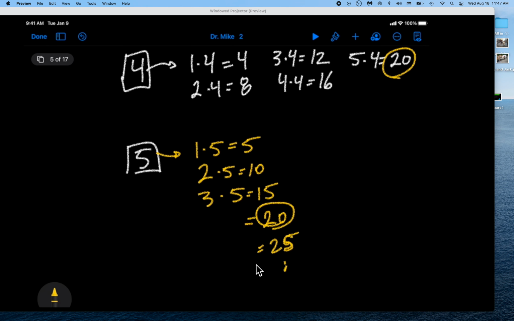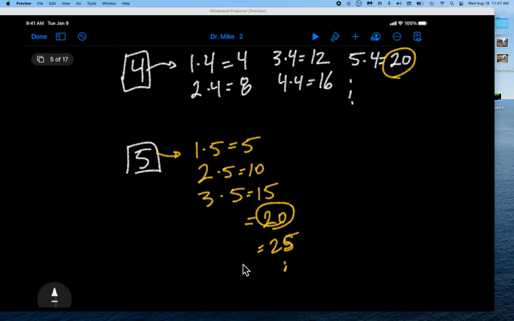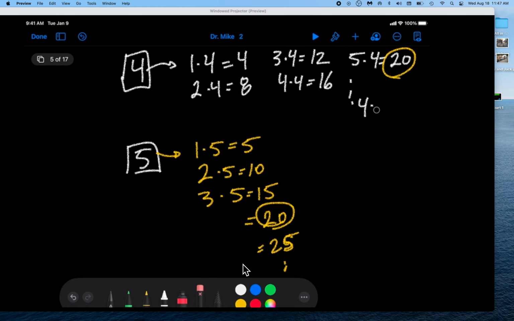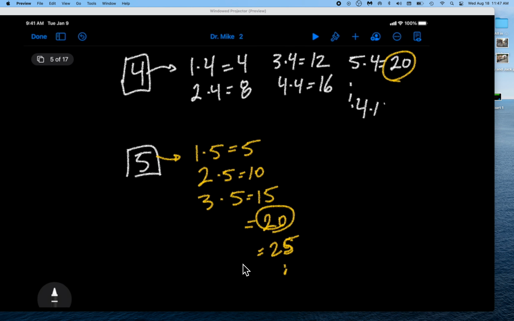Notice, we could have kept going. We could have gone all the way up to 4 times 15 equals 60.